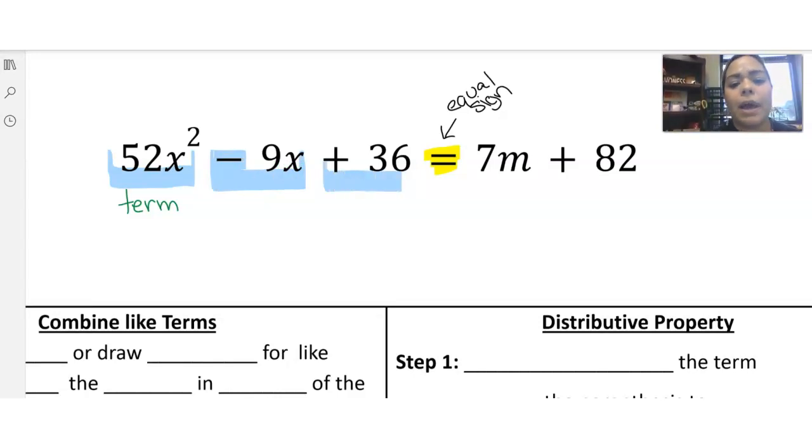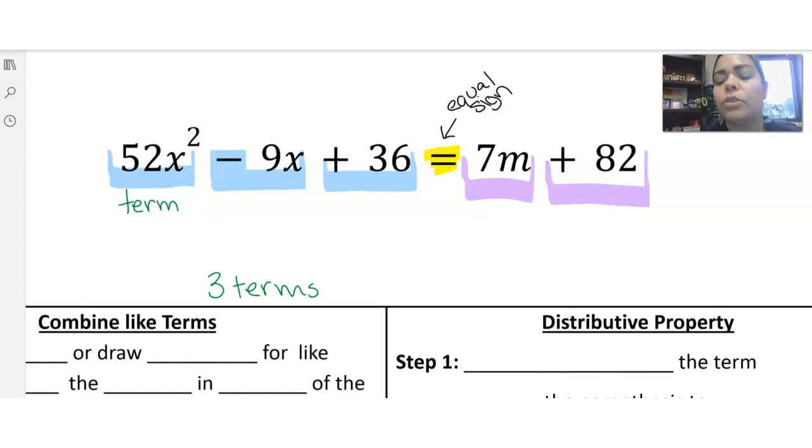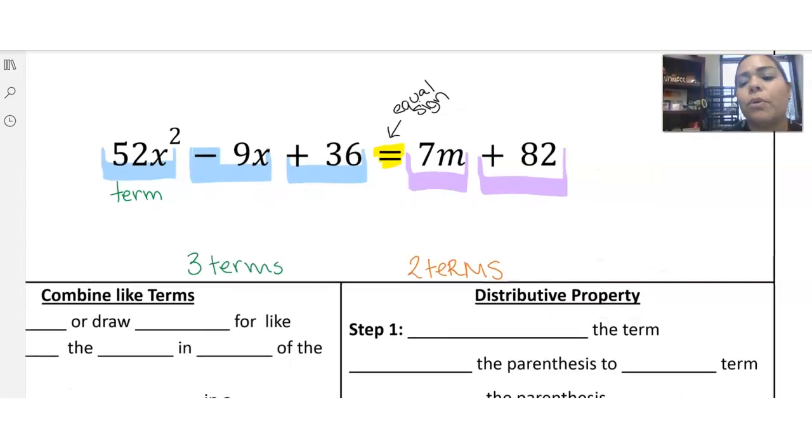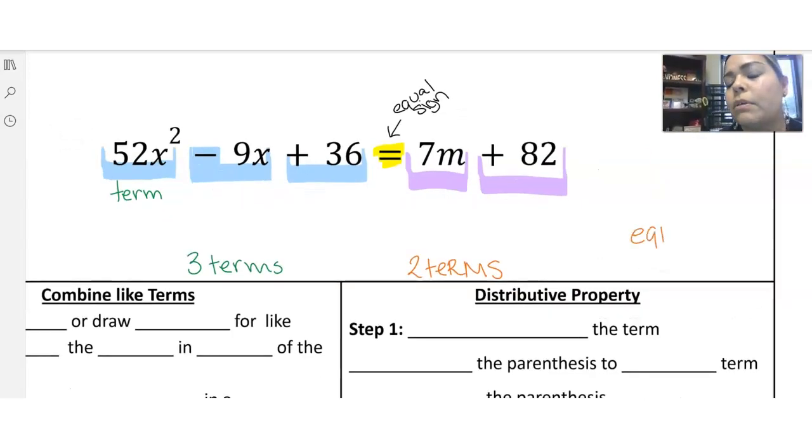And positive 36 is also a term. So in total, we've got 3 terms on the left side of that equal sign. On the right side, we have 2 terms. So in total, this equation has 5 terms.